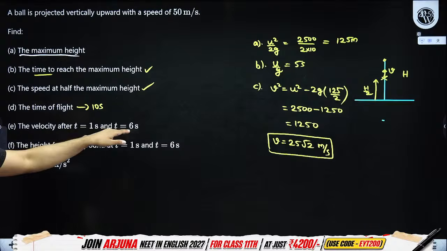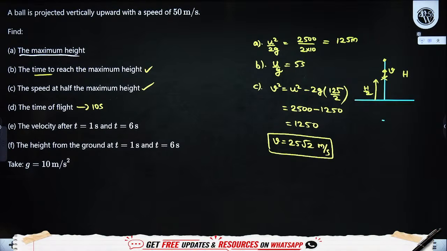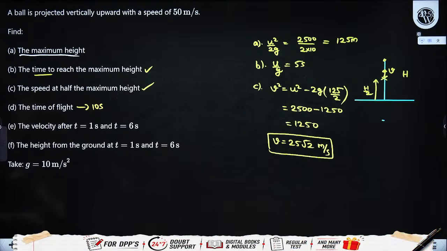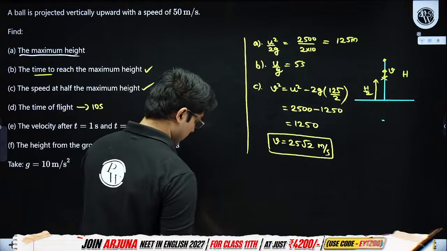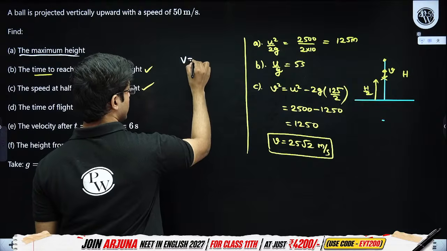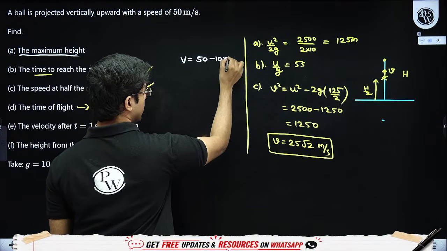Velocity after 1 second and 6 seconds. So what is going to be velocity after 1 second and 6 seconds? So here you can use the v equal to u plus at relation. So velocity equal to initial velocity is 50 minus g into t, right?